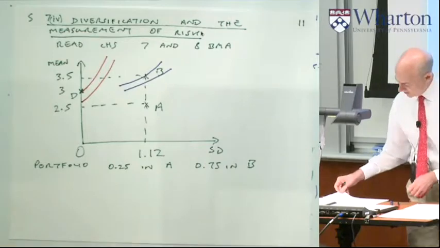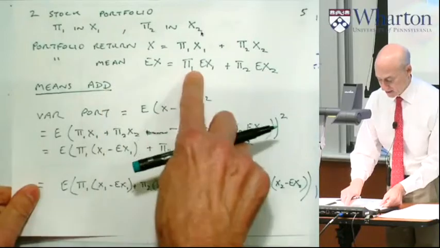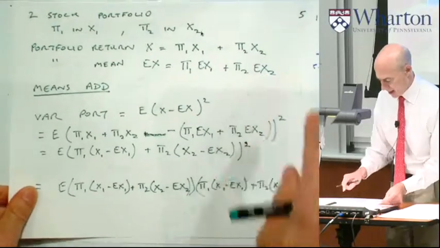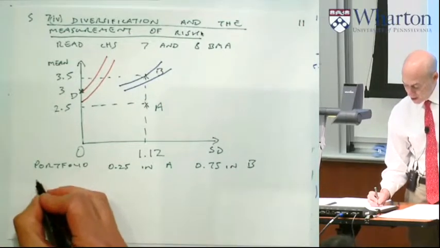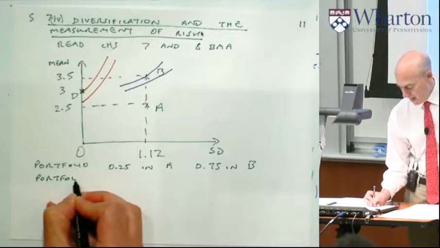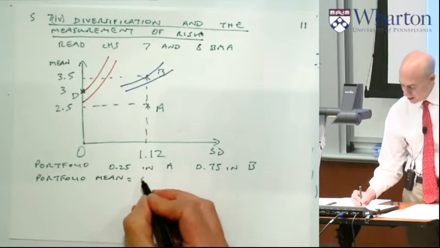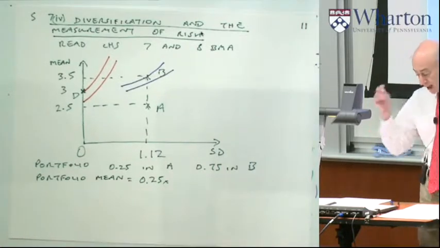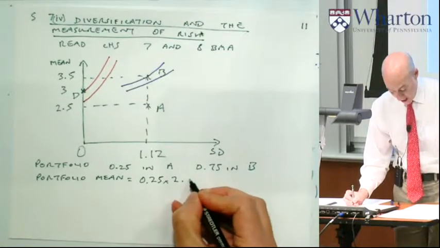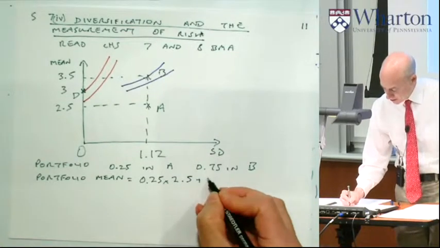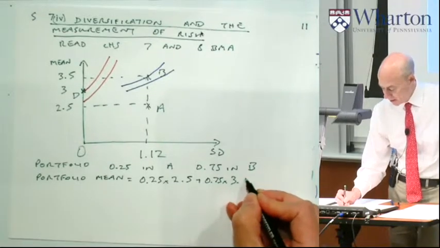So we know that our formula from earlier on was that means add. That was just our pi1 ex1 plus pi2 ex2. So the portfolio mean is going to be 0.25, that's the pi1, times the mean of A, which is 2.5, plus 0.75 times 3.5.